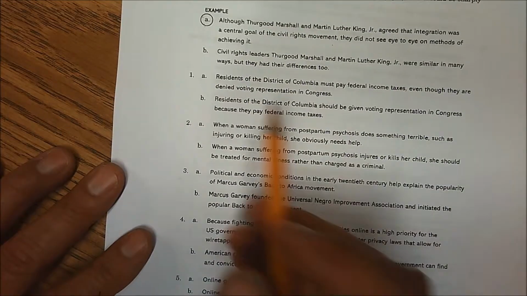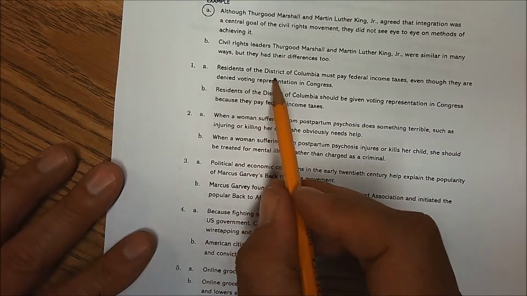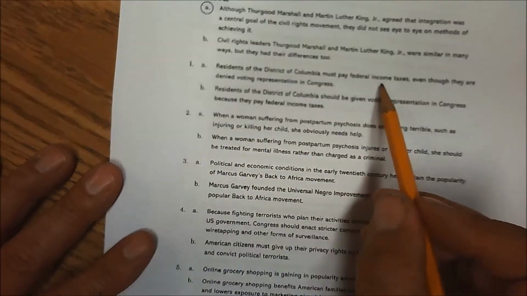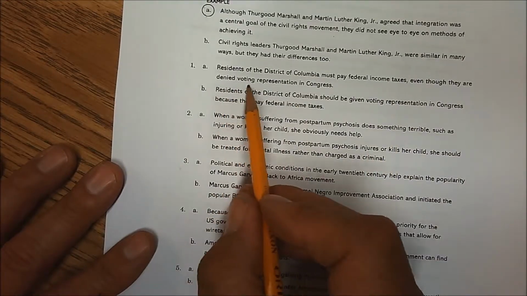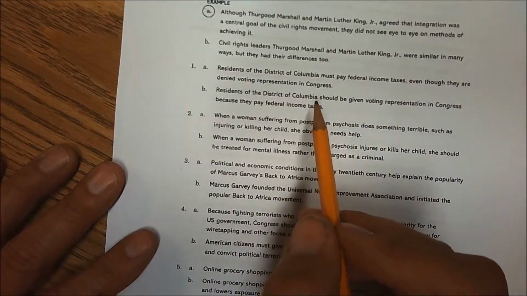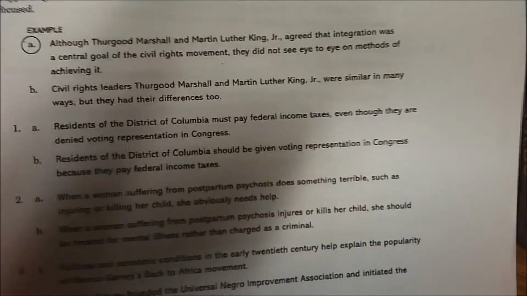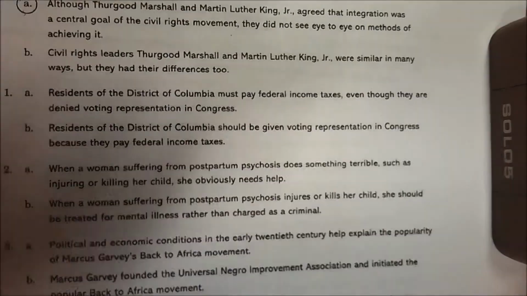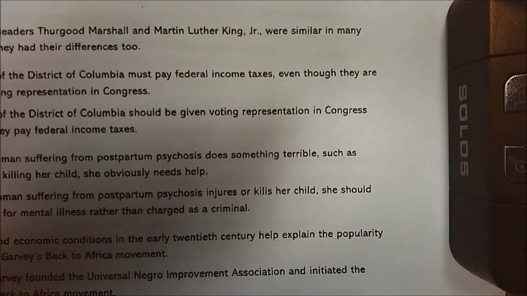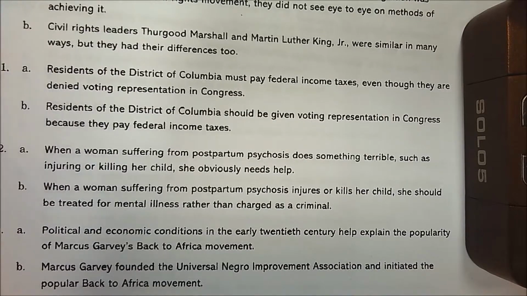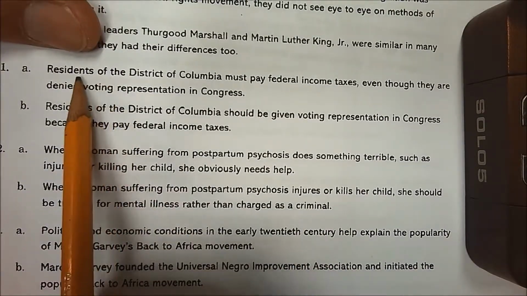Okay. Well, number one here we have: residents of the District of Columbia must pay federal income taxes even though they are denied voting representation in Congress. Perhaps before we even read the second one, we can talk about why A we can rule out.